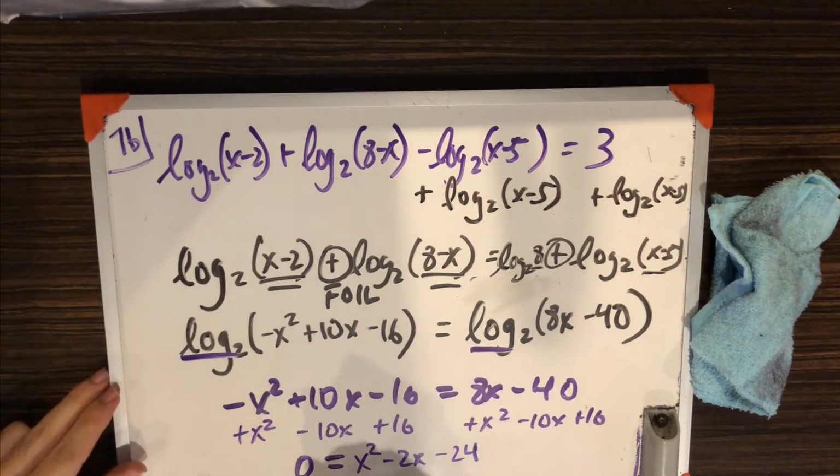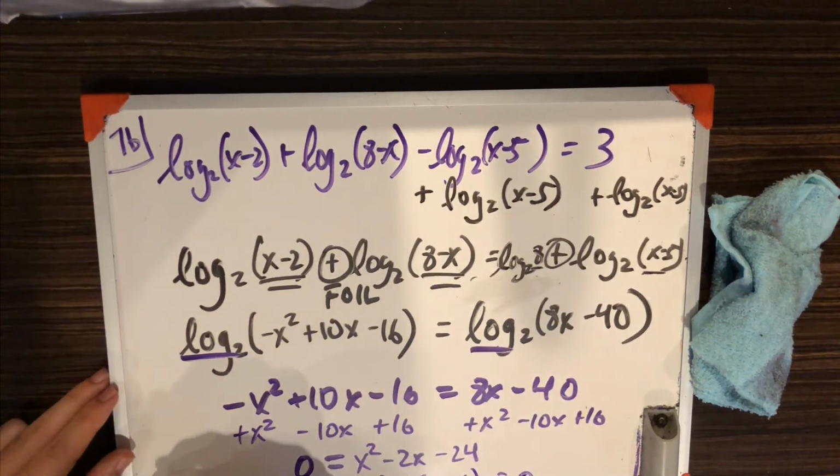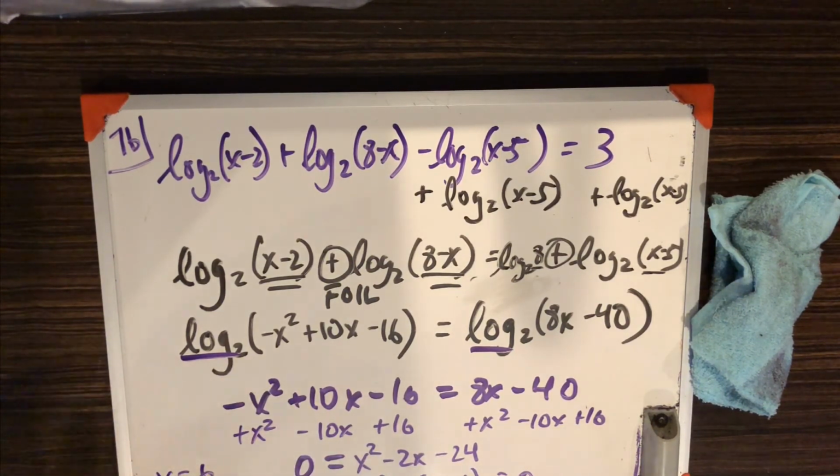Okay, so when I'm factoring this should be x minus 6 and x plus 4 is equal to 0. That means x is equal to 6 and x is equal to negative 4.